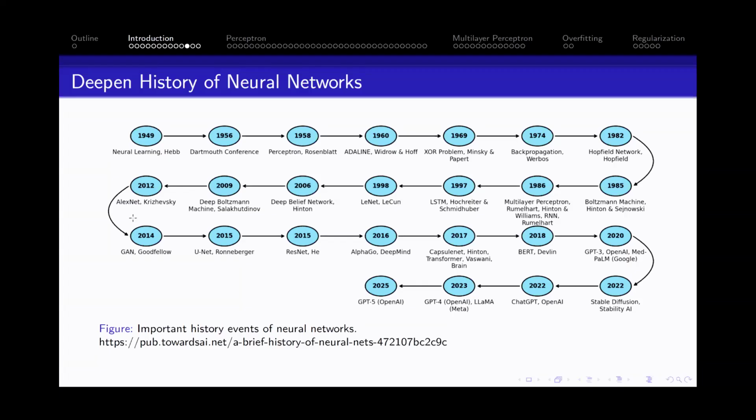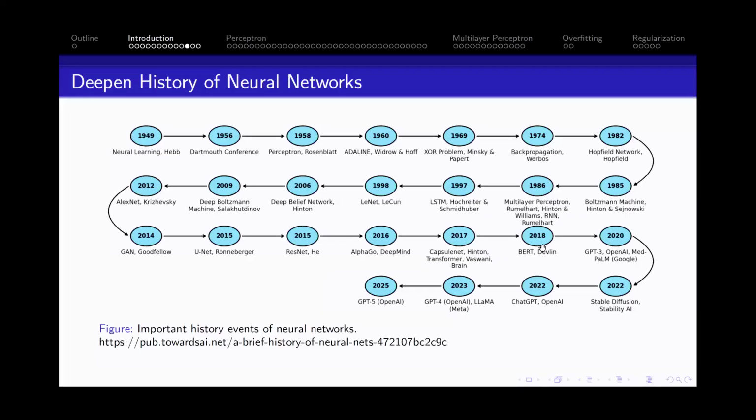For example, the generative adversarial network in 2014 was another outstanding advancement. And UNet, which many researchers use for image segmentation, was another big achievement in AI research. And ResNet, of course, came after UNet.